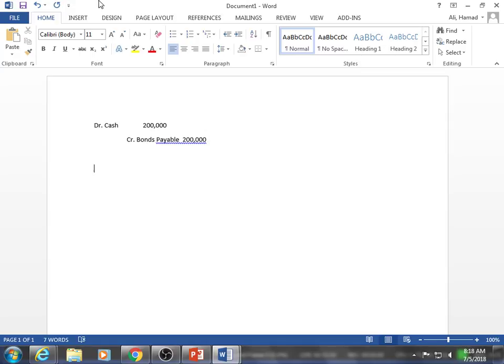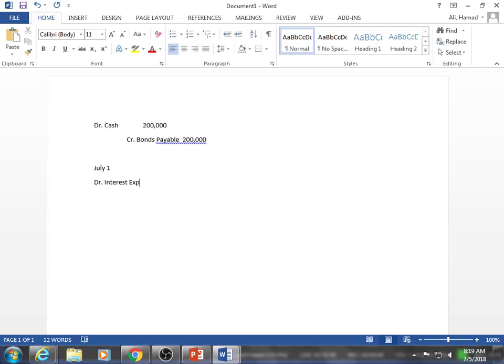So on January 1st there will be no interest, but after 6 months, which would be on July 1st, the interest payment is going to be, usually we're going to debit interest expense, and we are going to credit cash, since this is a payment.